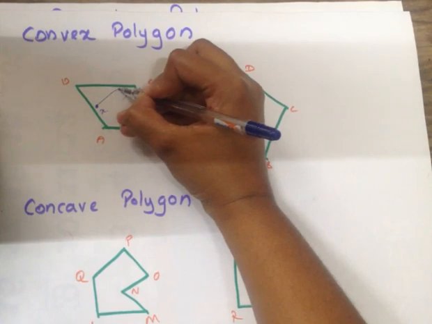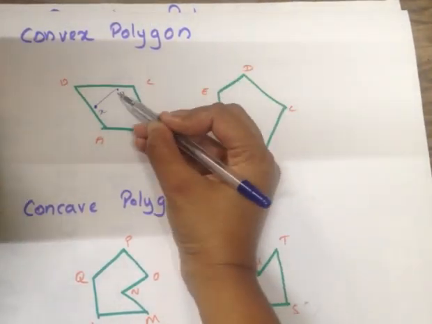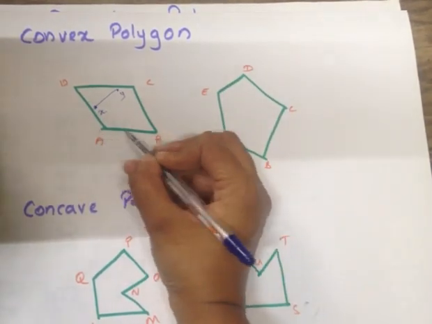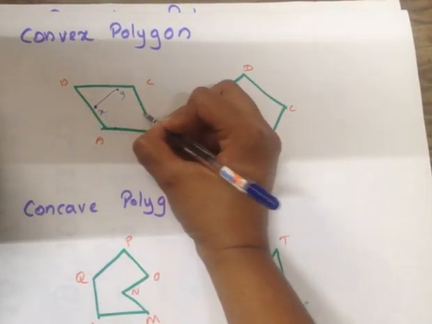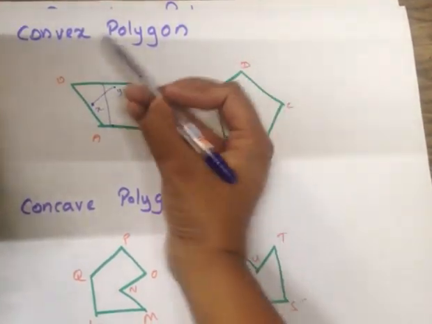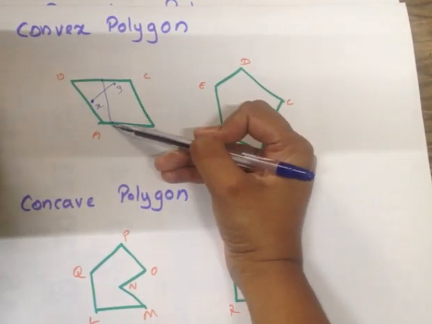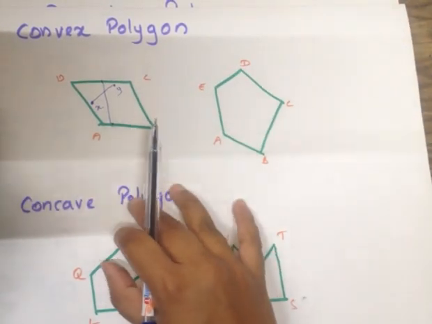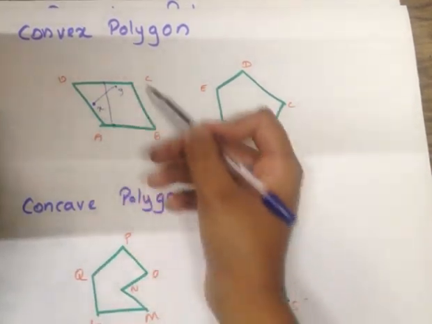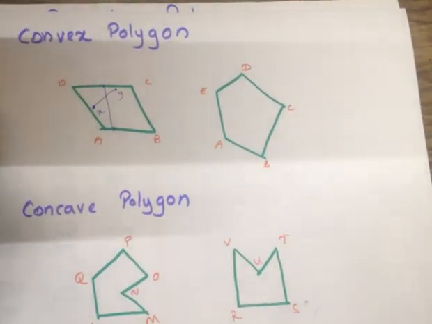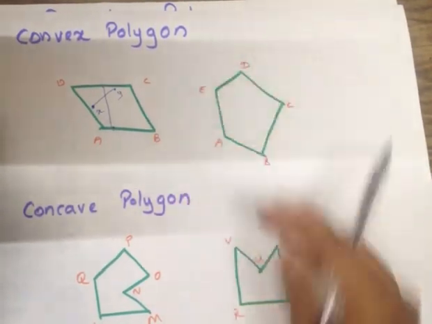When I draw a line combining these points, you can see anywhere I place a point inside the polygon or on the polygon, when I match them, the line is exclusively inside the polygon. So a convex polygon is when we match 2 points which are inside the polygon or on the polygon, that line should be exclusively inside the polygon. Such a polygon we call a convex polygon.